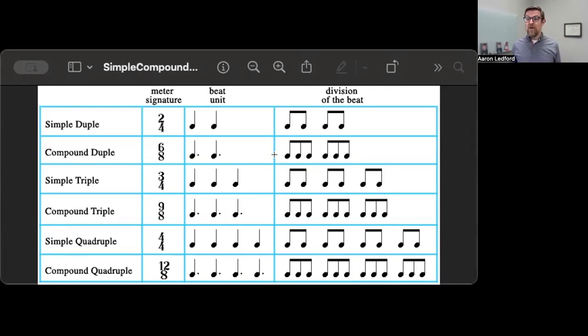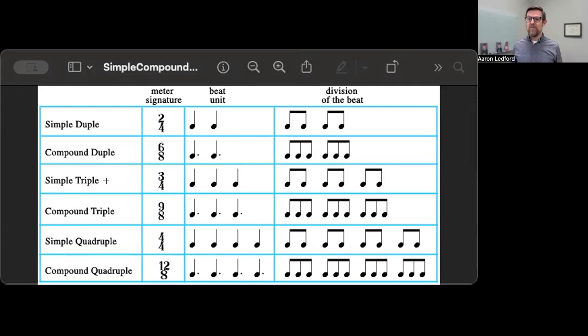But there's also compound duple, or 6/8. There's still two beats, and that's represented on this chart by the dotted quarter notes. There's still one, two. But if we were to break down each of those dotted quarter notes into smaller bits, because it's compound meter, we would use eighth notes and have three eighth notes grouped together: one, two, three, four, five, six.